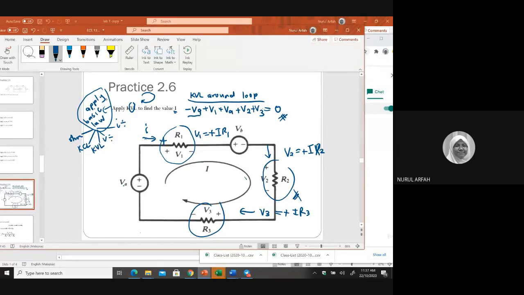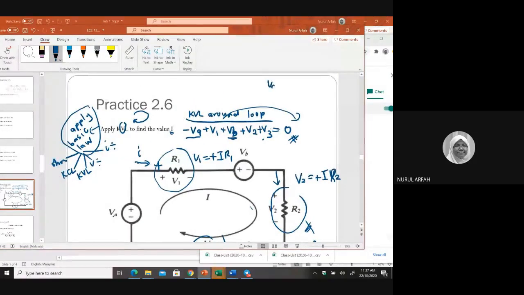Then you can substitute into the equation. Since VA and VB are values, you can just bring them to the right side. So you will have VA minus VB equal to V1 plus V2 plus V3, which is I R1 plus I R2 plus I R3.